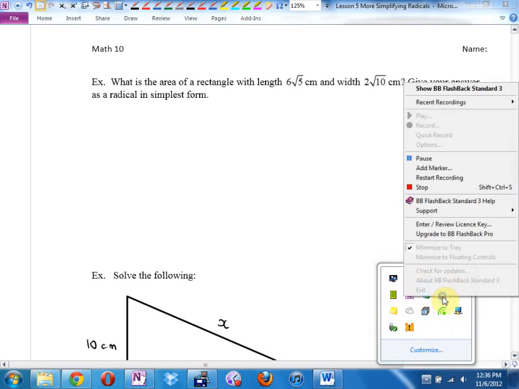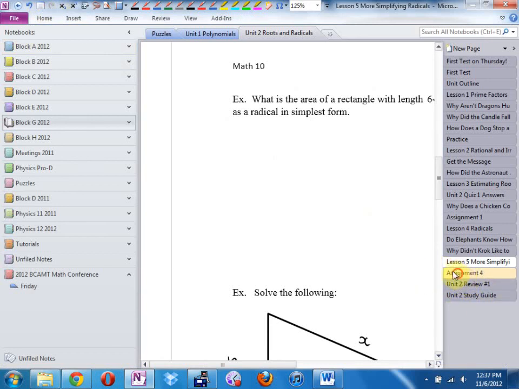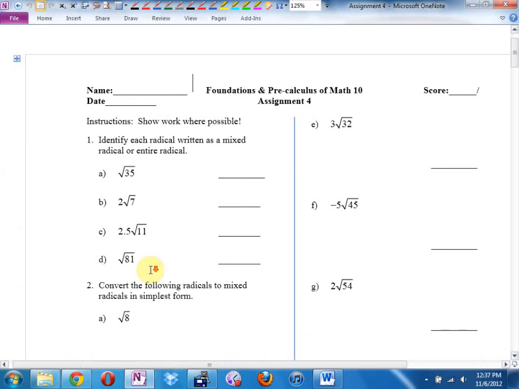Okay, so let's pause the video right here. Quick look at assignment number 4, please, the one that I just gave out. Very quickly, number 1 isn't asking you to evaluate anything. It's saying identify each radical as a mixed or an entire. What do we mean by mixed? Which ones of those, A, B, C, or D, are mixed radicals?